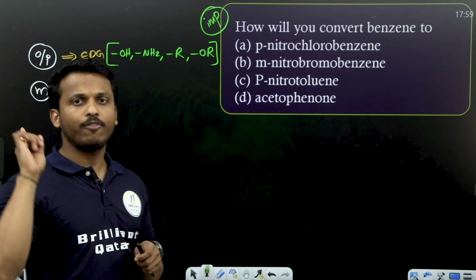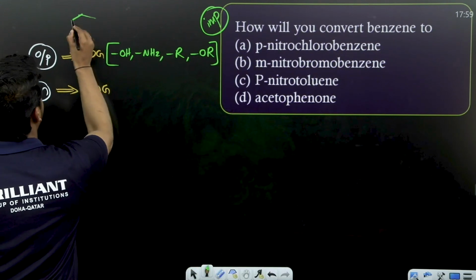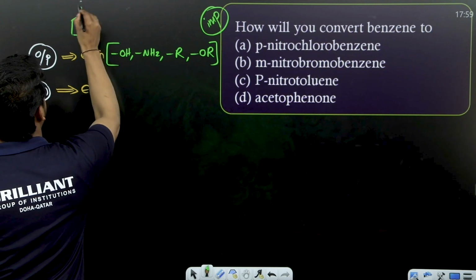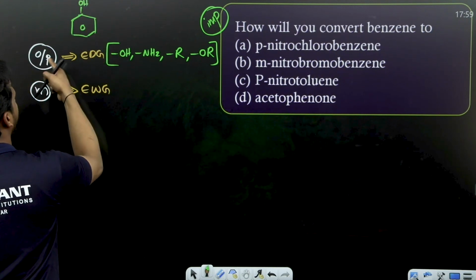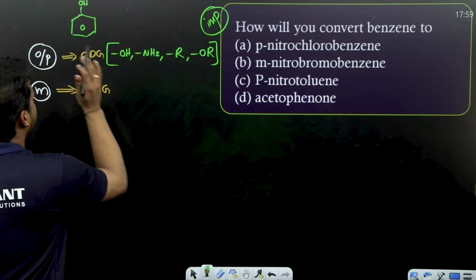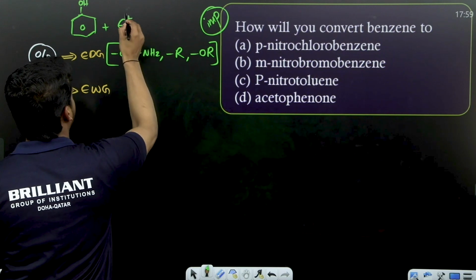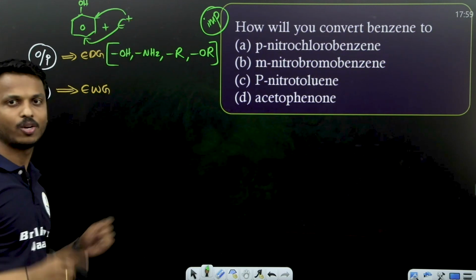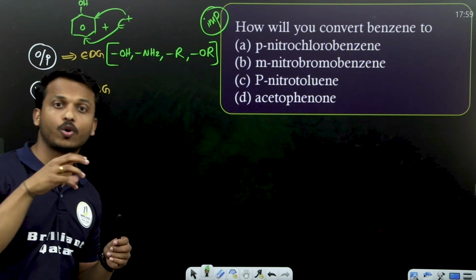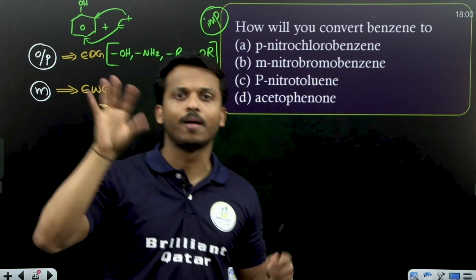Means, if any of these groups is present on the benzene ring, for example, benzene with OH, you know, OH is a donating group. It's ortho-para, which means this is phenol, to which if you add an electrophile, it can go to its ortho and para position only. It won't go to meta. This is called ortho-para. They will direct the next electrophile to their ortho and para.